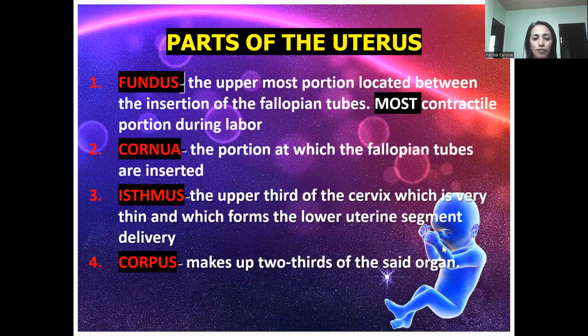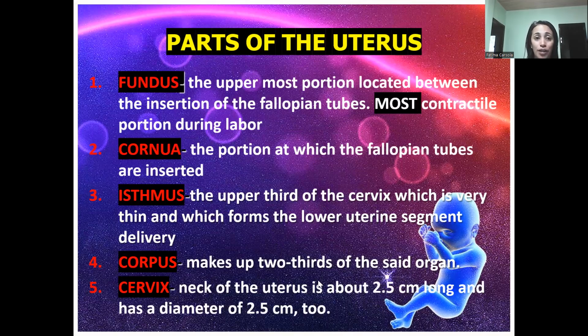So we have here the parts of the uterus. We will just read it, and then later on, we will have to pinpoint where the parts are. We have here the fundus, the uppermost portion located between the insertion of the fallopian tubes, and it is the most contractile portion during labor.